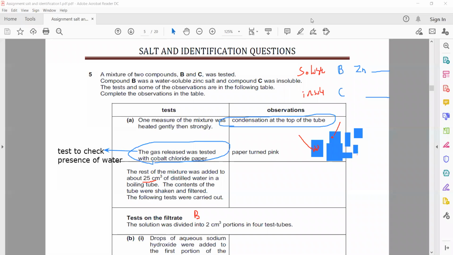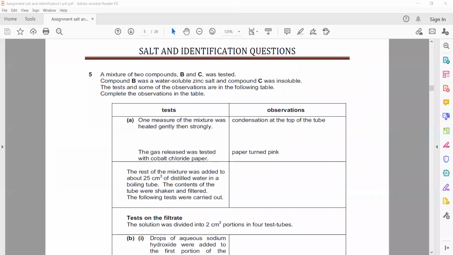The term water of crystallization means that some salts have a tendency to absorb moisture from the atmosphere. When these salts absorb moisture, we call them hydrated salts, or we say they have water of crystallization.